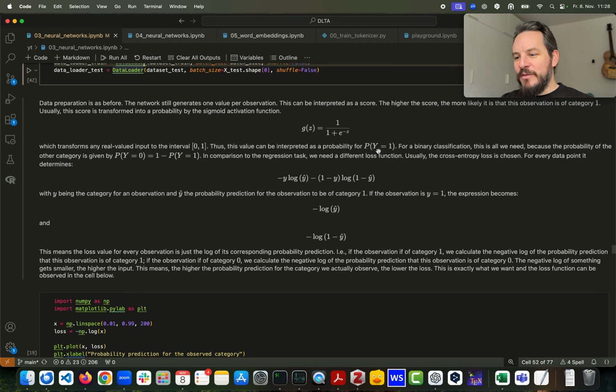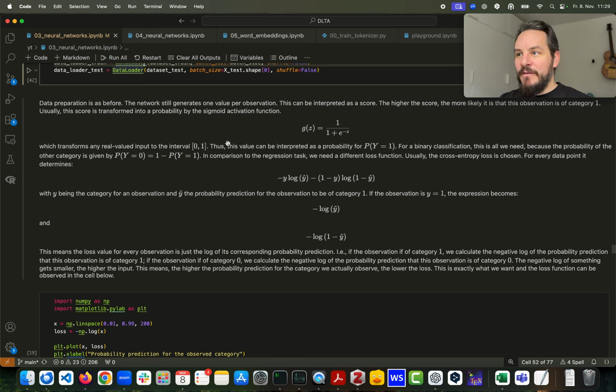So for instance, the probability that given x1 and x2 information, how likely is it that this observation is of category 1 and not of category 0, okay? And why does it make sense here? Because probabilities need to be higher than or equal to 0 and smaller than or equal to 1.